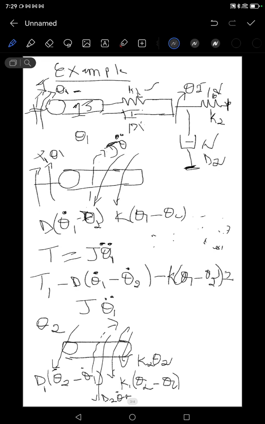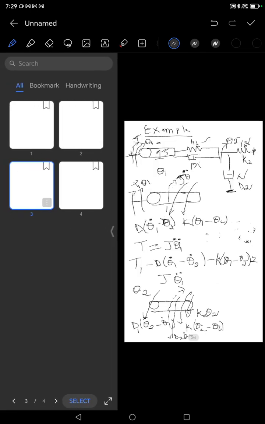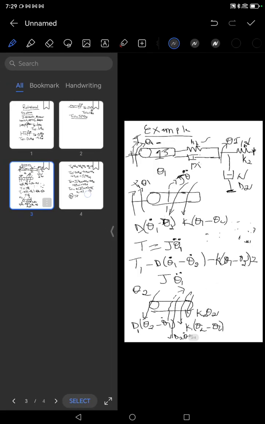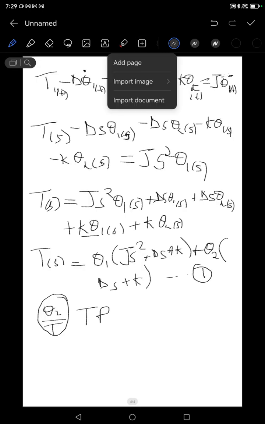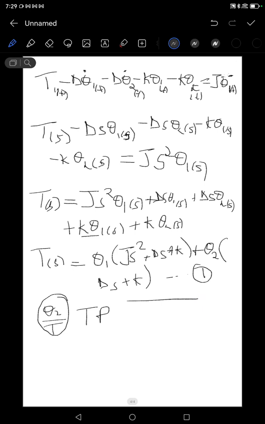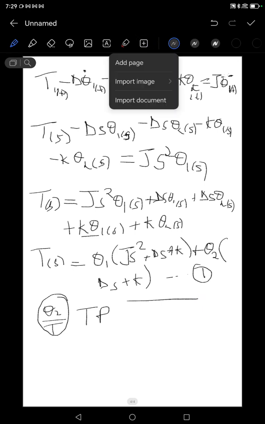Now let's do the equation using the second free body diagram. For theta 2, the first equation is this one, and now let's do the second equation so that we can find the transfer function of theta 2 over T.